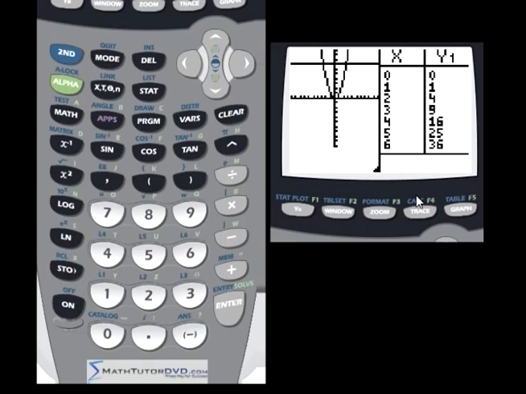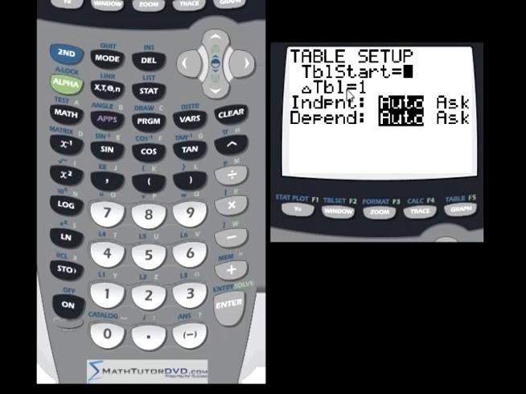We haven't really talked about this function greatly yet, but suffice to say I've got a plot here, and I can go into this table set, and basically the table function in the calculator is letting you look at the values rather than just look at a picture of the value.